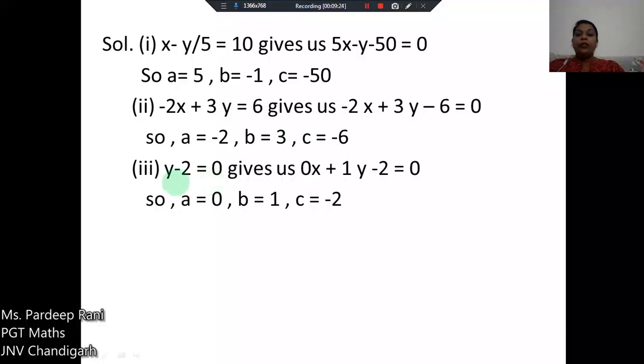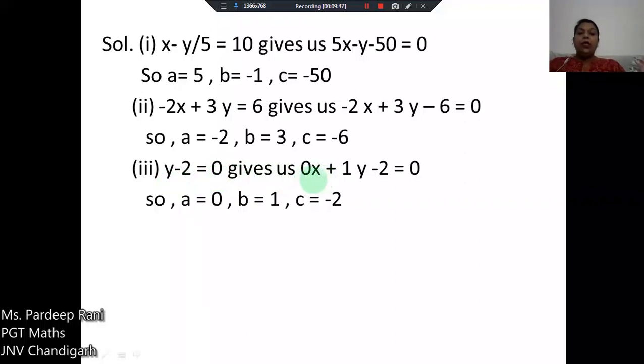Now the next equation is y minus 2 equal to 0. This equation given to us is seen as a linear equation in one variable, but it can be converted into a linear equation in two variables by taking the coefficient of x as 0.